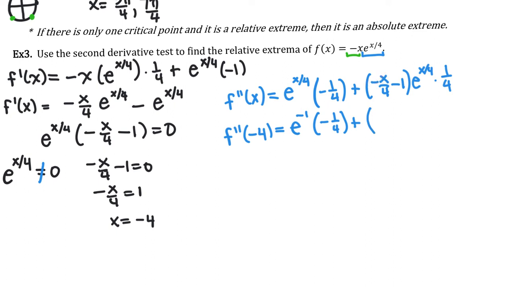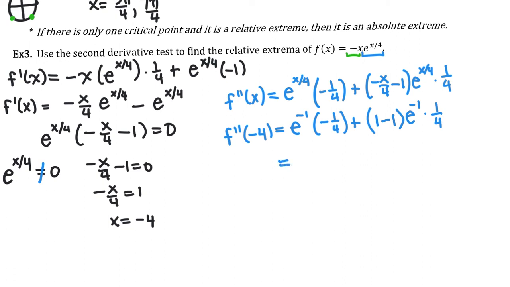So positive 4 divided by 4 is 1. Oops, minus 1 times e to the negative 4 divided by 4 is negative 1 times 1/4. Okay, let me look at this. I'm really just trying to determine whether this is positive or negative.